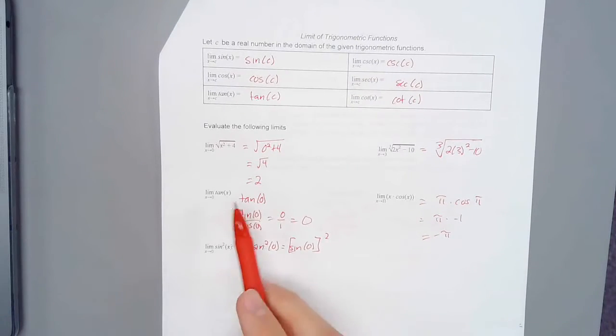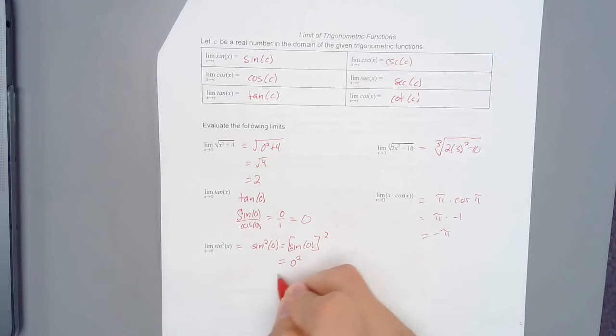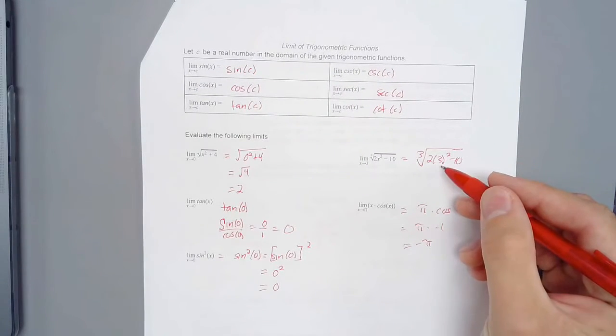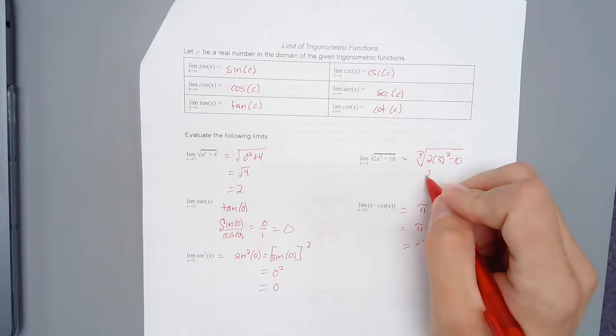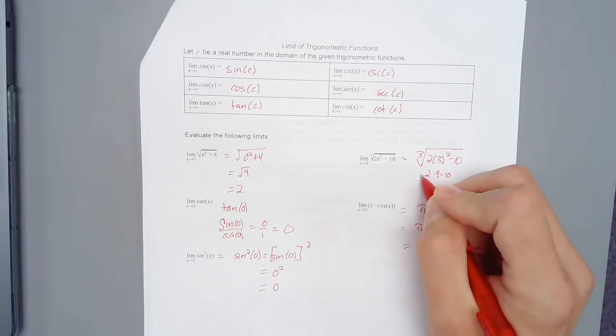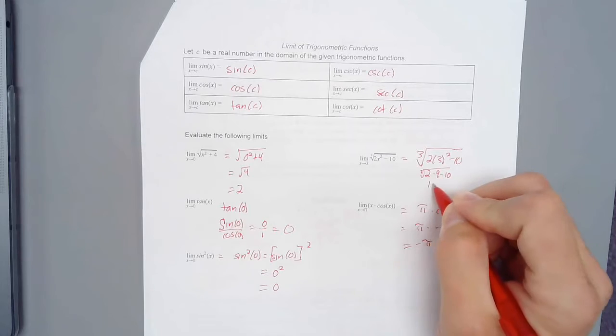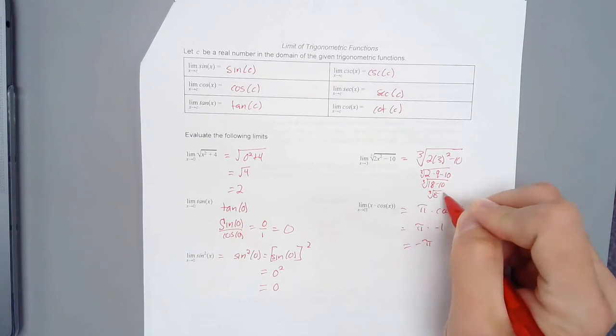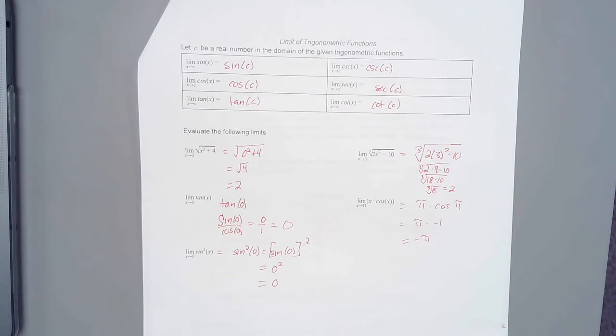Sine of 0, we already said, is 0, so this is 0 squared, which is 0. Let me go back and finish this one up, just in case you like things to be complete. 2 times 9 minus 10, cube root. This is 18 minus 10, which means we have the cube root of 8, which is 2. And that is the first part of section 1-3.